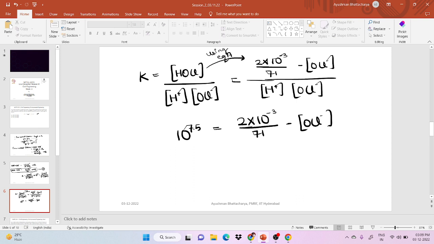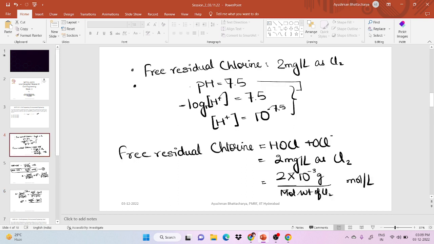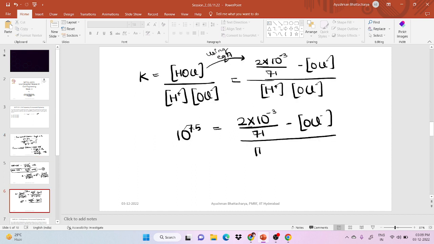Same, we have to calculate the H+ concentration. We calculated it from the initial pH value, which is 10 to the power minus 7.5. So we will place it here, 10 to the power minus 7.5, multiplied by OCl-.